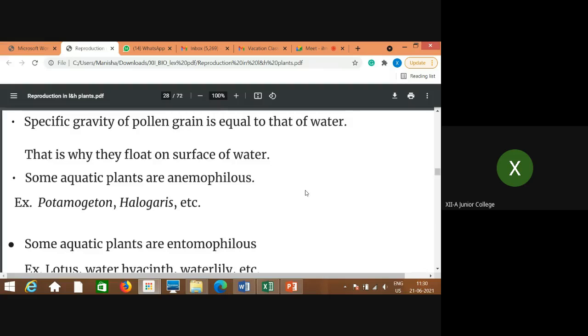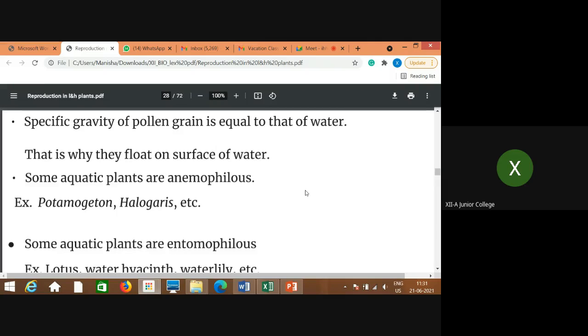Some aquatic plants are anemophilous also. Okay, by wind currents, whatever pollen grains have fallen on the water are received by the plants. So Potamogeton or Halophila, these are some of the examples. That means though these plants are aquatic, there are chances of anemophily also.